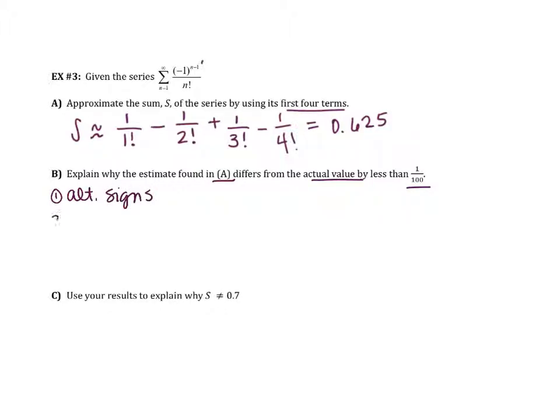Okay, when we look at the magnitude, we see that the a sub n plus 1 term is less than a sub n. And again, that's in magnitude, so you're looking at the absolute value of it. And then notice that if we look at the limit as n approaches infinity of 1 over n factorial, that's definitely going to tend towards 0.